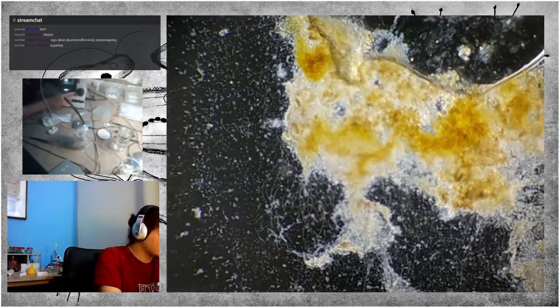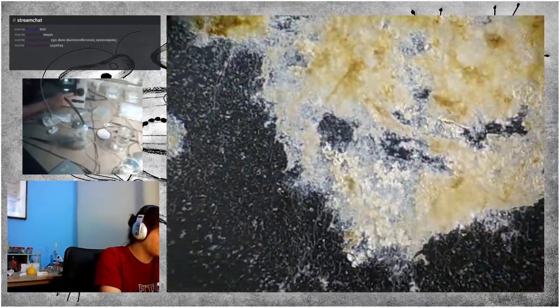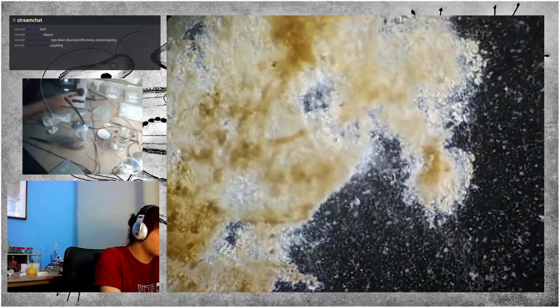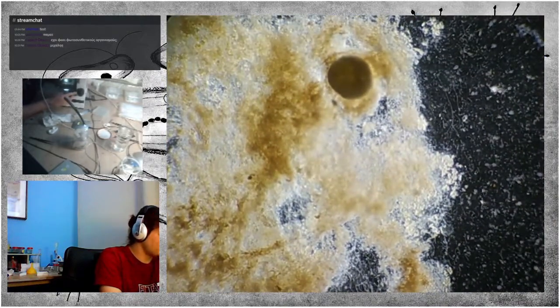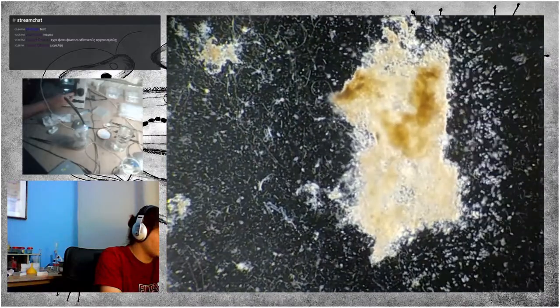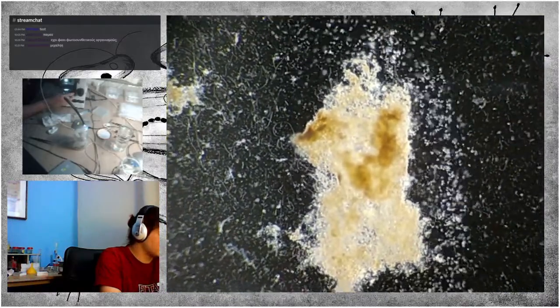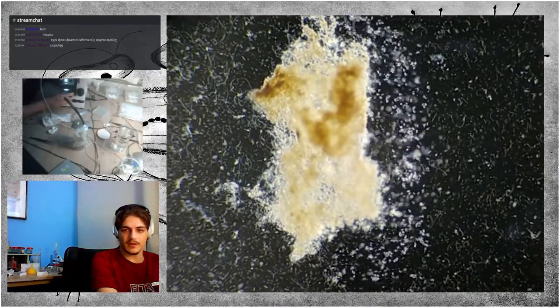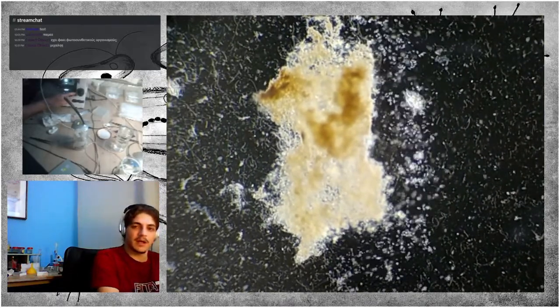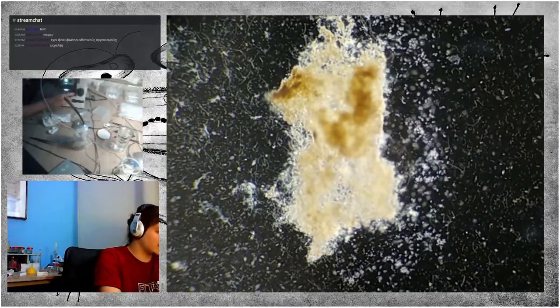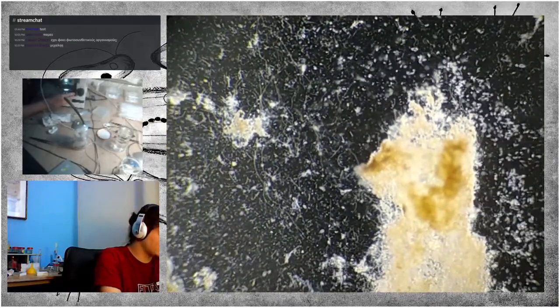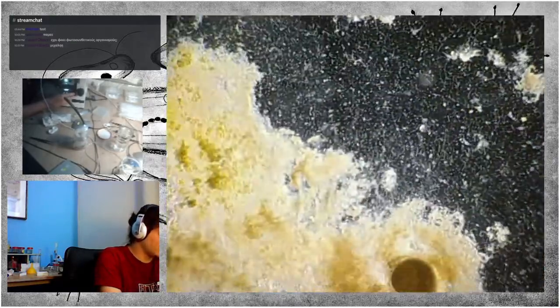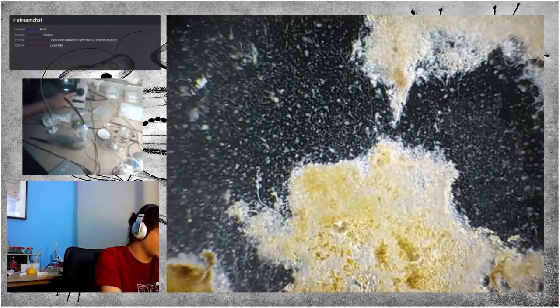I think it looks way better than bright field in lower magnifications. Here's another piece, and you can see a very large amount of microorganisms moving around, and a few frame drops, but oh well. For now at least, I can't do anything about it.